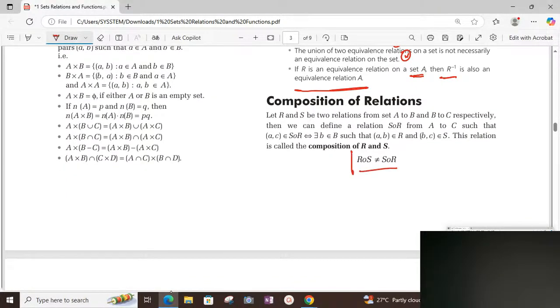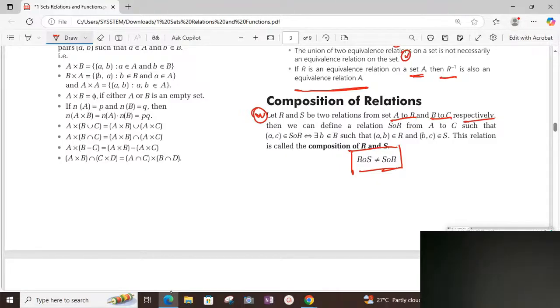These mathematical symbols denote the composition of relations. Let R and S be two relations, from set A to set B and from B to C respectively.